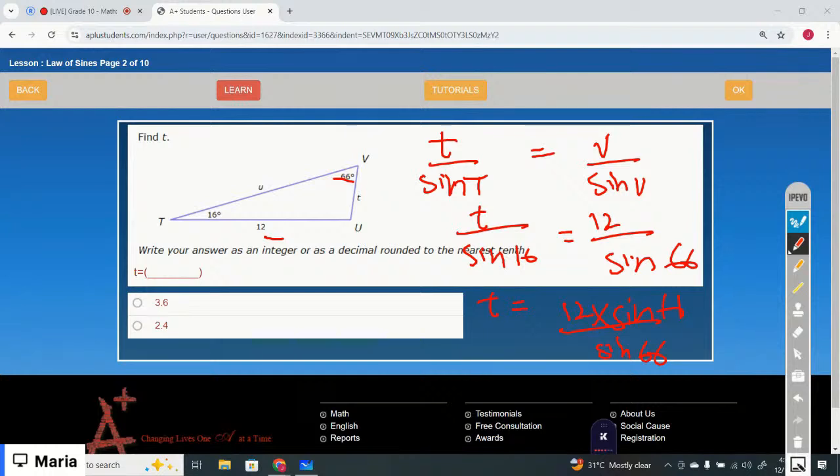So you have to do sine 66 times 12. Sine 66 is 0.9135 times 12, that is 10.962. And now you have to divide by sine 66. So sine 66 is 0.9135.